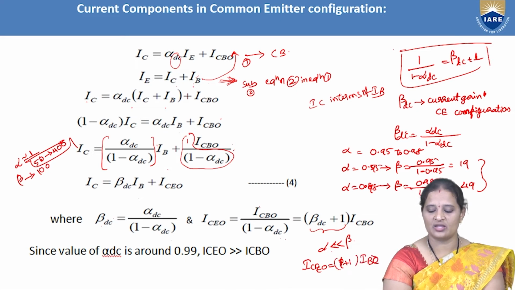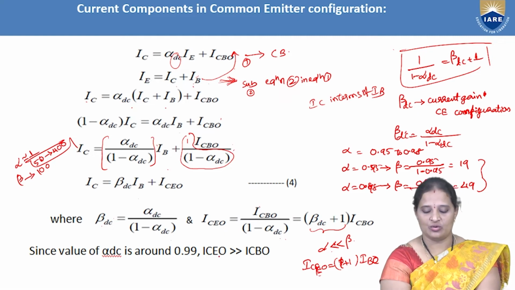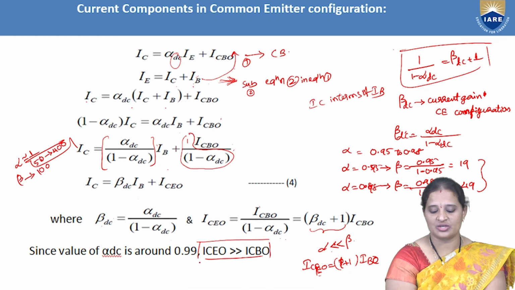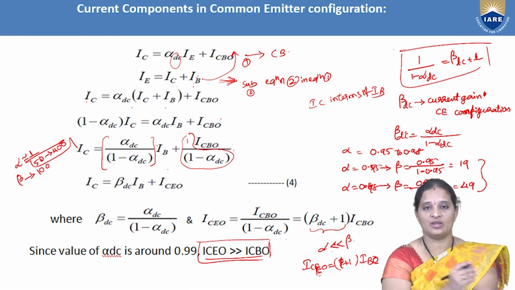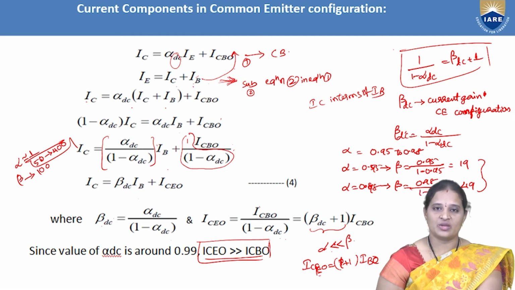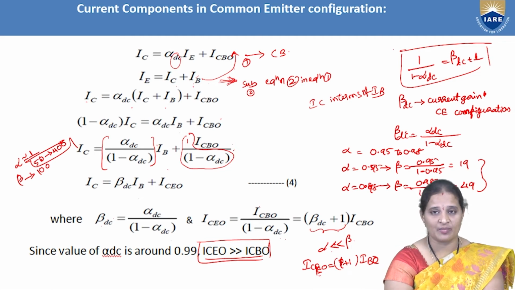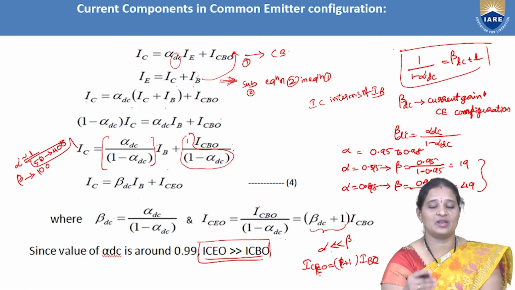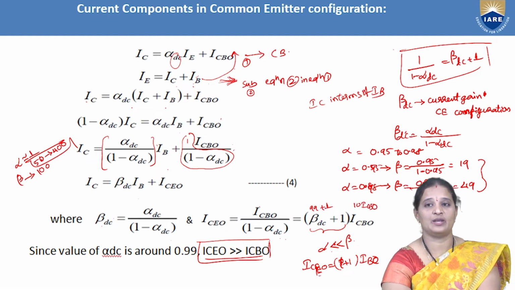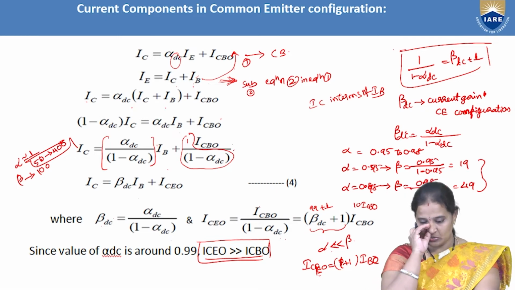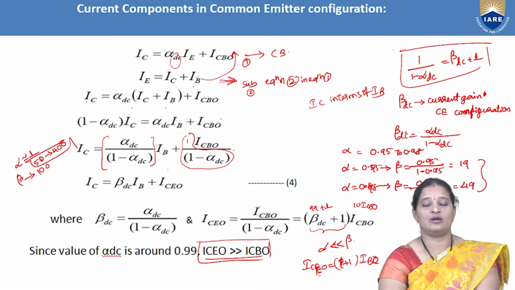So ICE naught is also very much greater than ICB naught. That is, the reverse saturation current in common emitter configuration is very high compared to that in common base configuration, because it is multiplied by beta DC plus 1, where beta DC is a large value. For example, if beta is 99, 99 plus 1 means 100 into ICB naught.